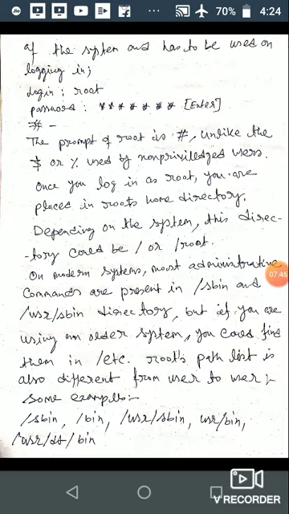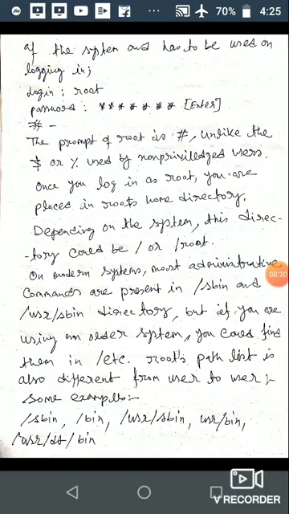Other prompts are used by non-privileged users. Root is also sometimes called the privileged user, and dollar or percentage are prompts used by non-privileged users. Once you log in as root, you are placed in root's home directory. Depending on the system, this directory could be slash or slash root.